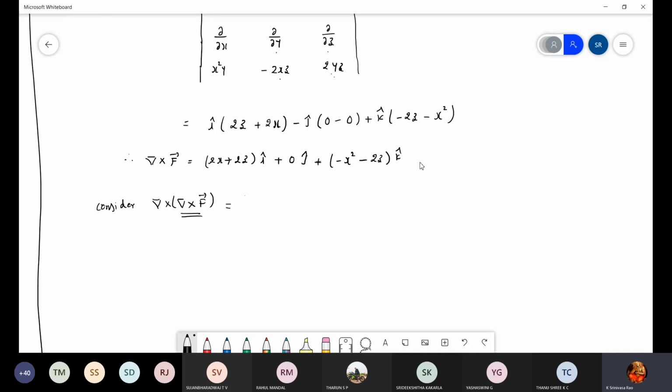Curl of curl f equals i cap, j cap, k cap, dou by dou x, dou by dou y, dou by dou z, and 2x plus 2z, first vector, first one 0, minus x square minus 2z. You can take minus outside also. You will get the same answer.